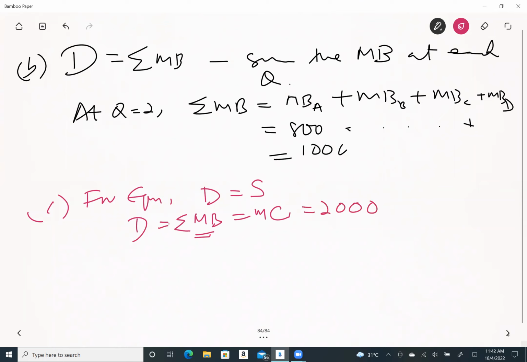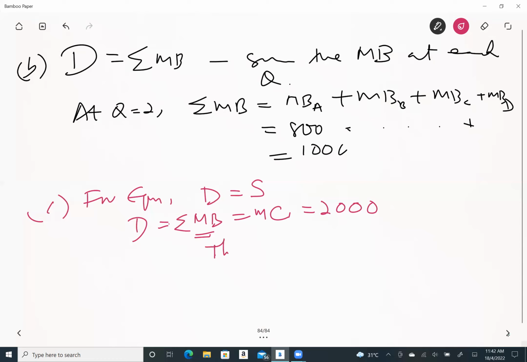If you look at the graph, where is the intersection point? The intersection of D equal to 2,000 happens at where? It doesn't happen. There is no demand. Can we say there is no demand when marginal cost is 2,000?